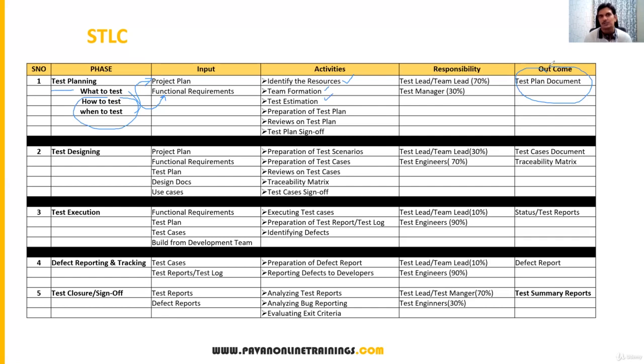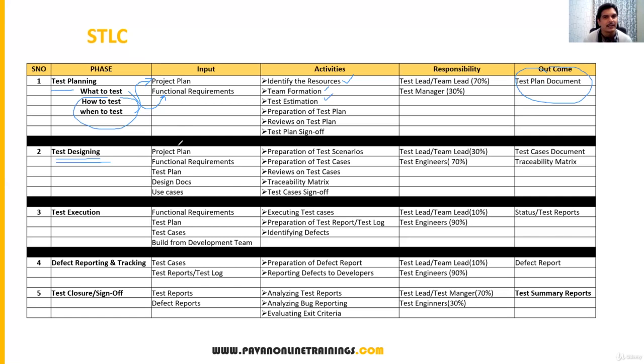After test planning is completed and the test plan is signed off, the next phase starts, called test designing, or test development. The test design phase starts after completion of test planning, and here we refer to a few documents as input.